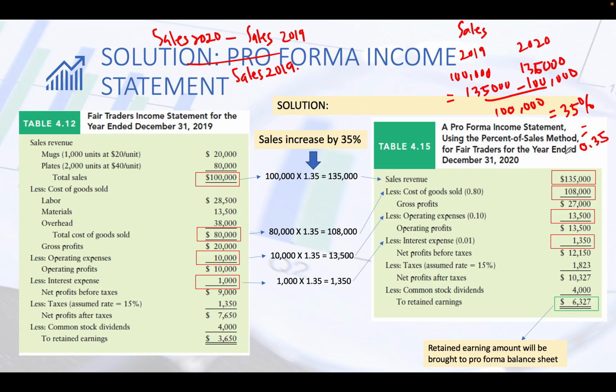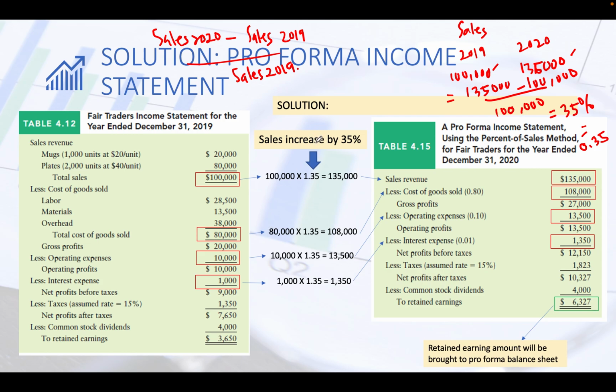Secara asasnya, we know that when sales increase by 35%, maksudnya from 100 to 135,000, item-item lain yang berkaitan juga perlu naik sebagaimana sales naik.